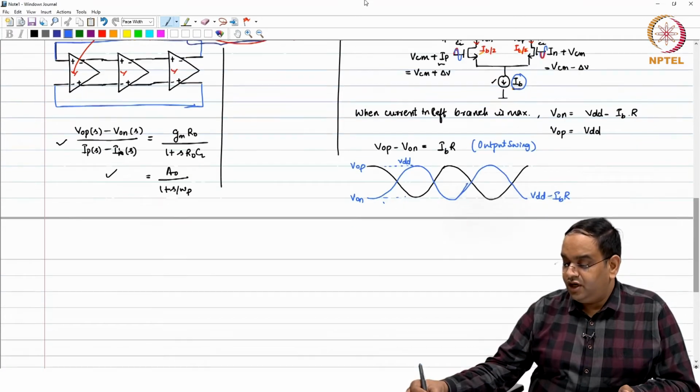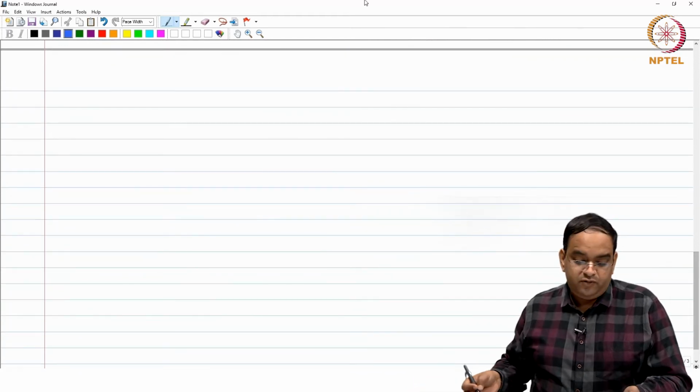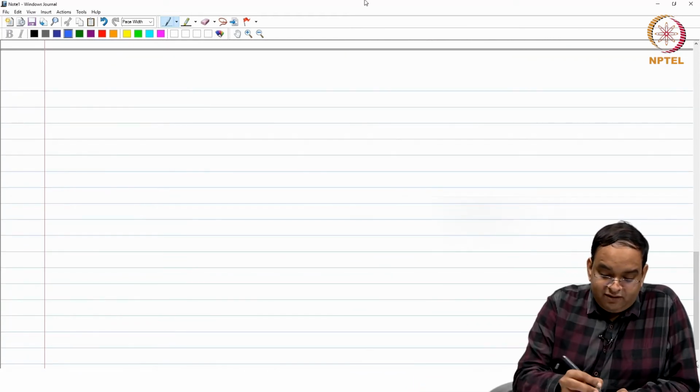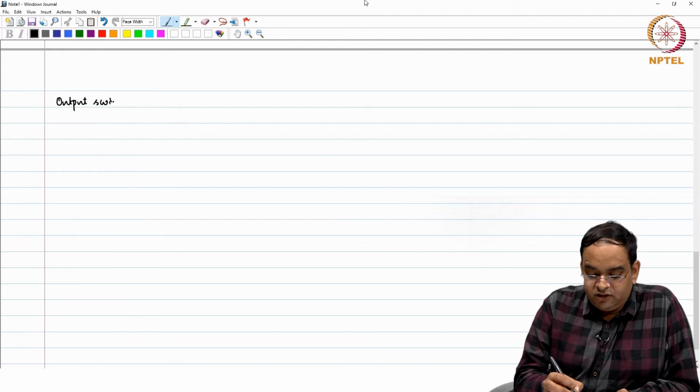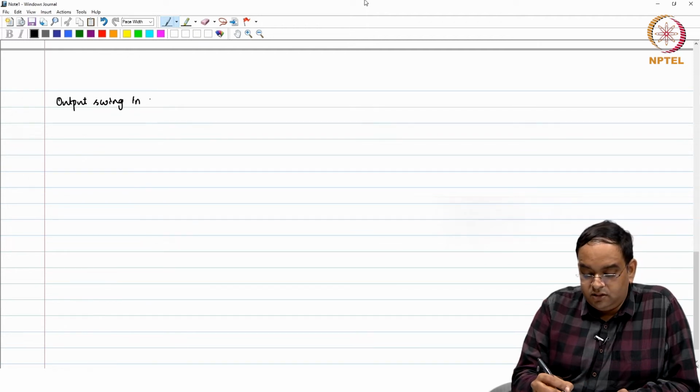Right. So, now what we have done is, I can write the output swing in our oscillator like this: V swing is equal to IB times R.